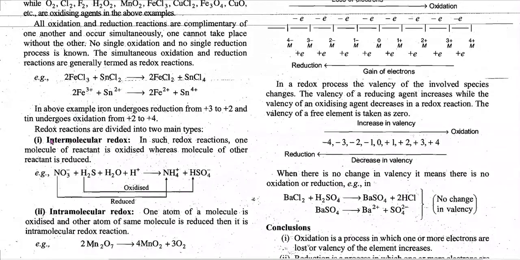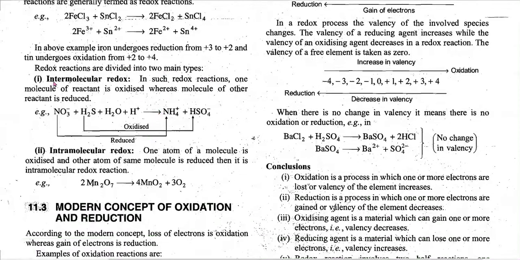So redox reactions are divided into two main types. Intermolecular redox reaction. In this type of redox reaction, one molecule of reactant is oxidized, whereas the other molecule is reduced. For example, in this reaction, NO3 is getting reduced.